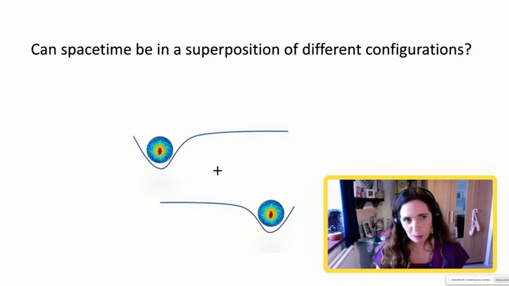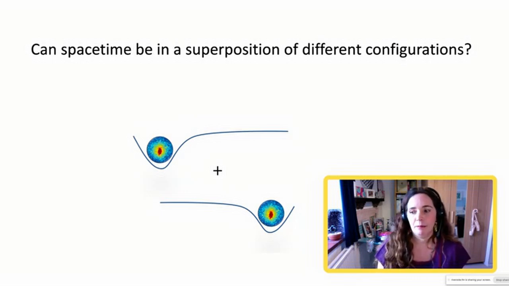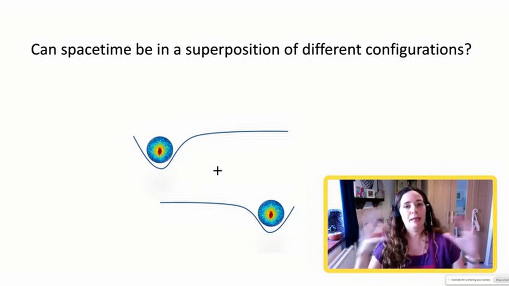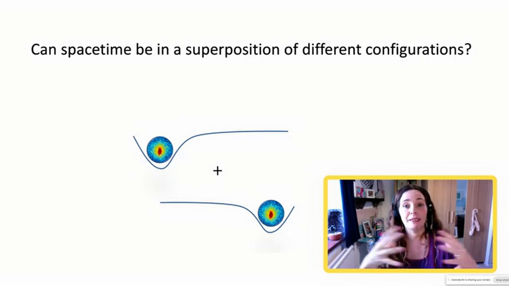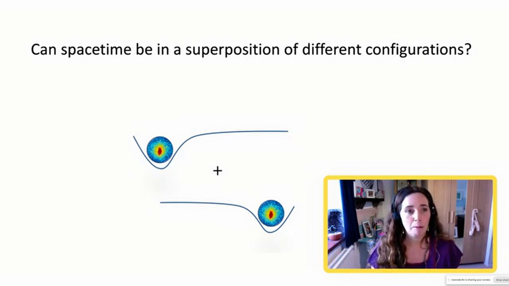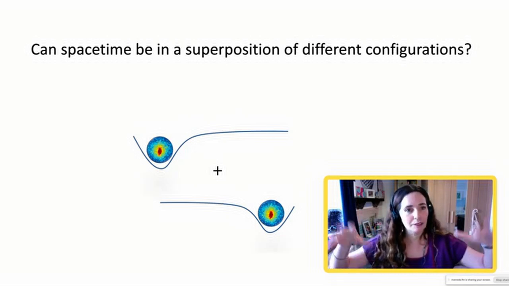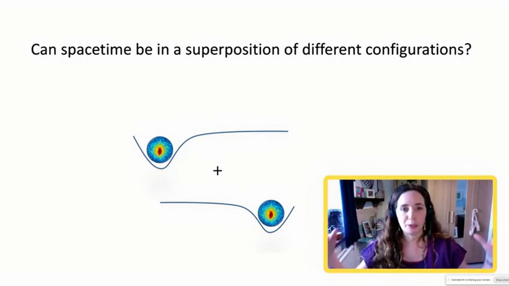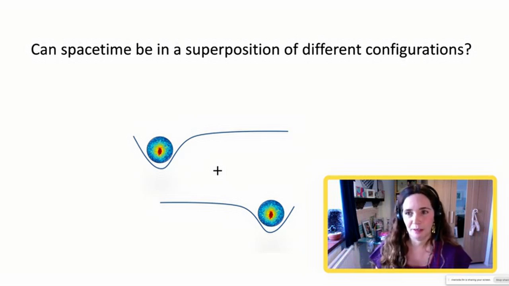I'm going to go more into that later, but the theory assumes that you have a fixed background, a fixed space-time metric, which is a solution of Einstein's equations, but the fields themselves, or the mass itself, don't curve it. So you couldn't answer this question.